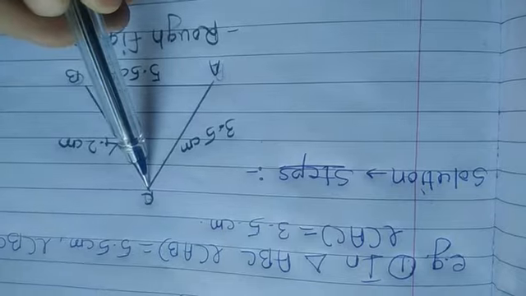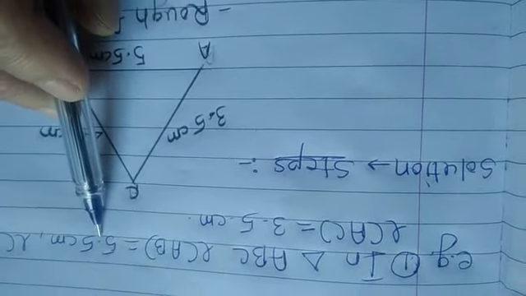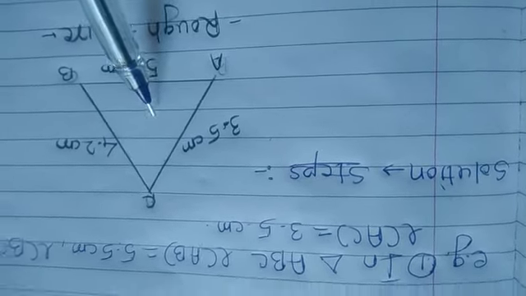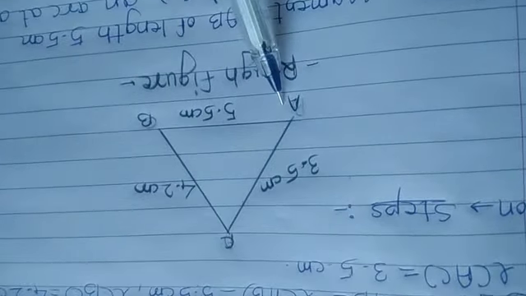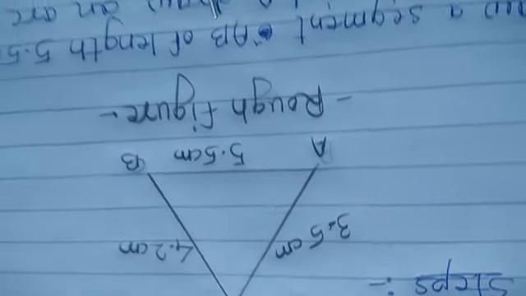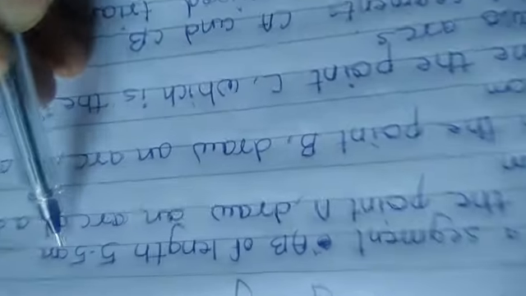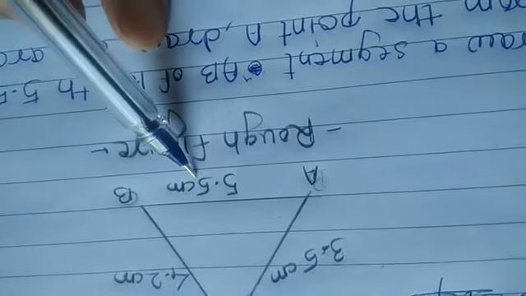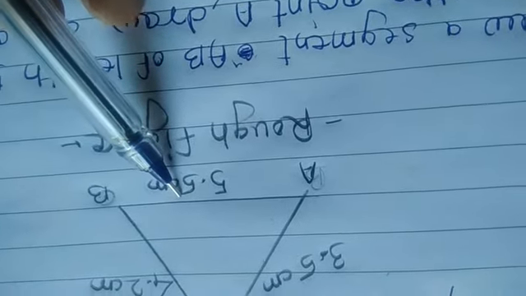First of all, draw a rough figure from the given information. By this rough figure we can draw a final figure. So here are the steps of this construction. First of all, draw a segment AB of length 5.5 centimeter. See in this rough figure, this segment AB of 5.5 centimeter is drawn with the help of scale and pencil.